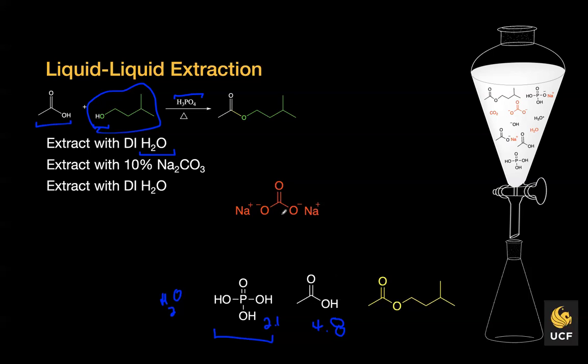So what it will do is deprotonate any remaining acid present in solution. So it will deprotonate acetic acid, and we have acetate. Phosphoric acid would deprotonate even just from water in solution, but I'm just showing you the effect of sodium carbonate. And you have this oxygen that will end up being protonated from the acid in solution.